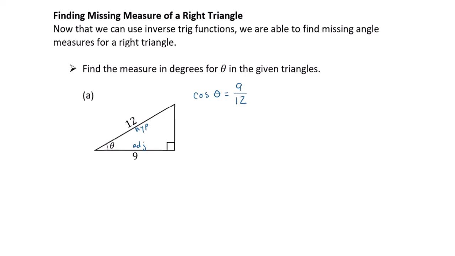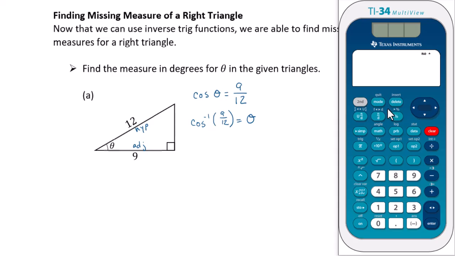Now I can use my inverse cosine function. If the cosine of theta is 9 over 12, then the inverse cosine of 9 over 12 is going to be my theta. Now, this is not one of our special values, so again, we're going to use the calculator.